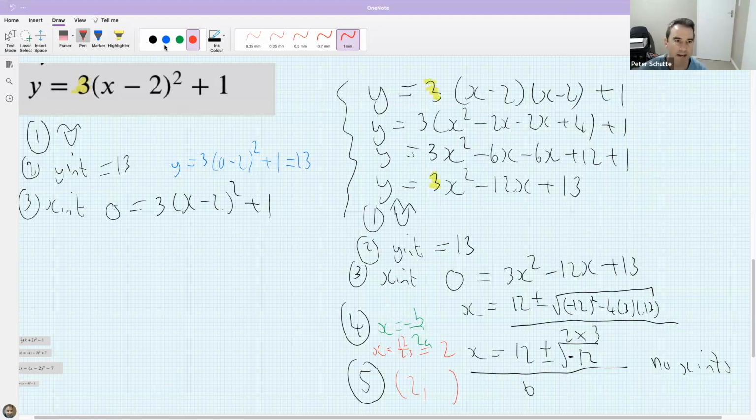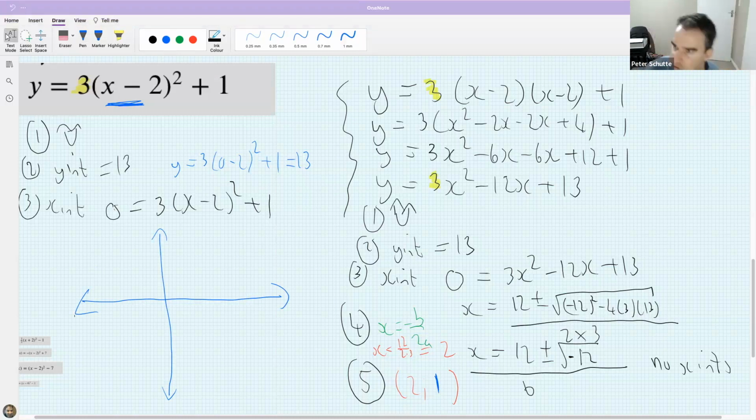And that makes sense when I look at this. Okay, I'm cheating a little bit, I can see the turning point there. Yeah, 2, 1. Okay, I'm going to stop there for now, guys, because it's already 3 minutes past 7. But I think you can all see that to finish this, all you need to do is go through that process once again.